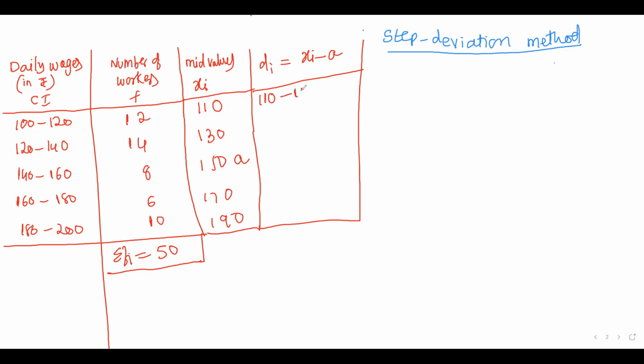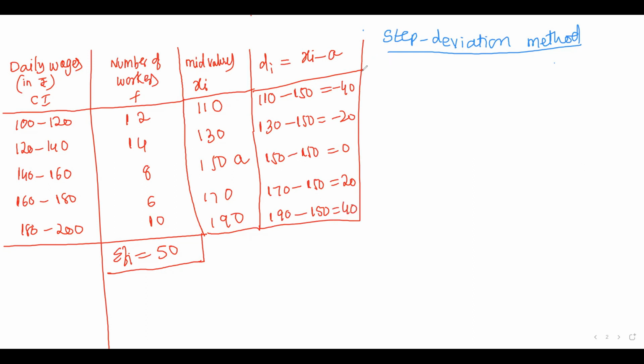Which is equal to 110 minus 150, minus 40; 130 minus 150, minus 20; 150 minus 150, 0; 170 minus 150, 20; 190 minus 150, 40.